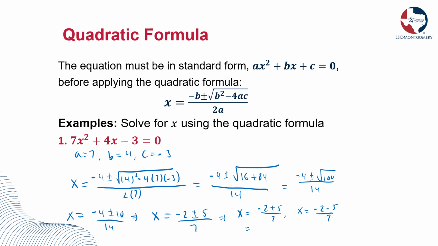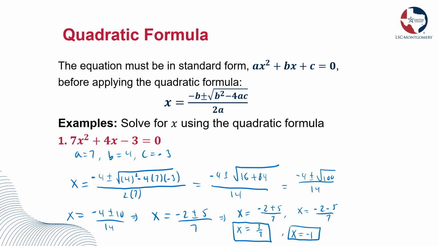So negative 2 plus 5 is 3 over 7. That's one solution. And negative 2 minus 5 is negative 7 over 7, which gives us x equals negative 1. So those are solutions using the quadratic formula.